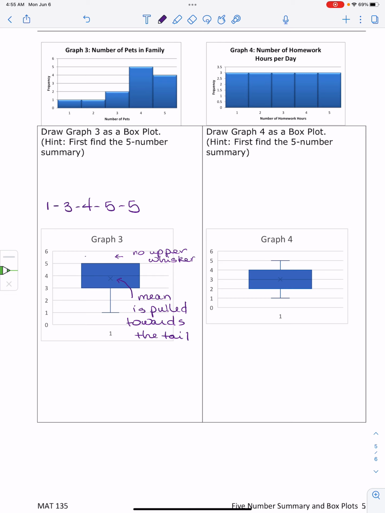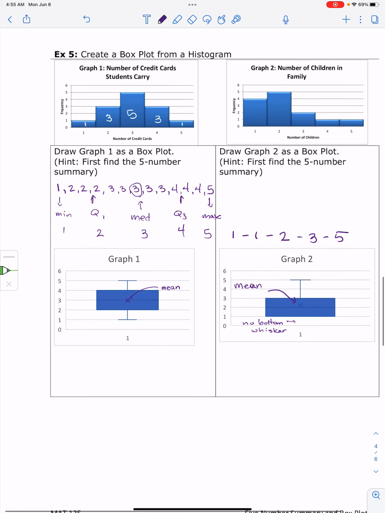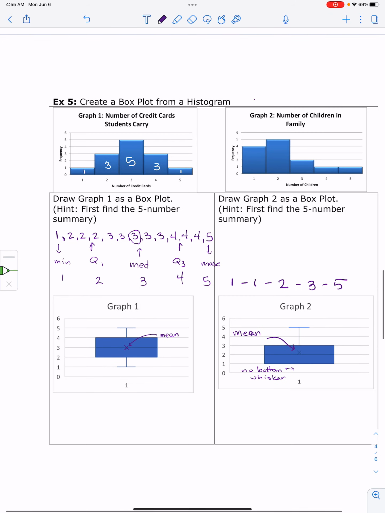Graph 4, we have a uniform distribution. I guess I should have labeled some of these. Uniform. This one is skewed left. Graph 2 is skewed right.